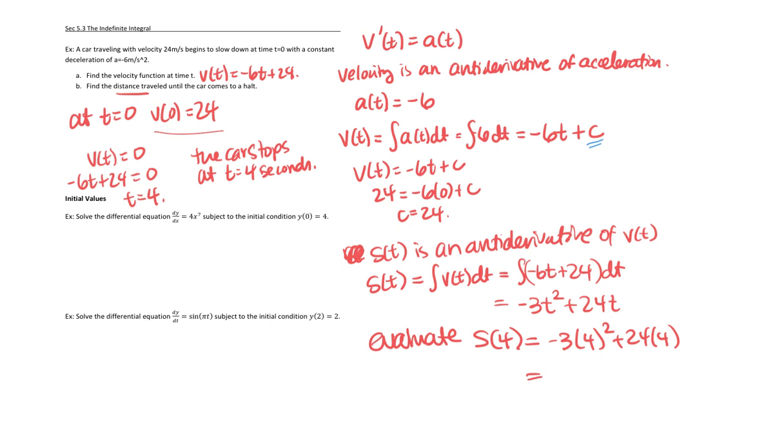Let's see what we get. That gives us 48. And if you look at the units of acceleration, it's meters per second squared, which means that the units of position are going to be in meters. So the position at time 4 seconds is 48 meters from the starting position of 0. So I know that it's traveled 48 meters.